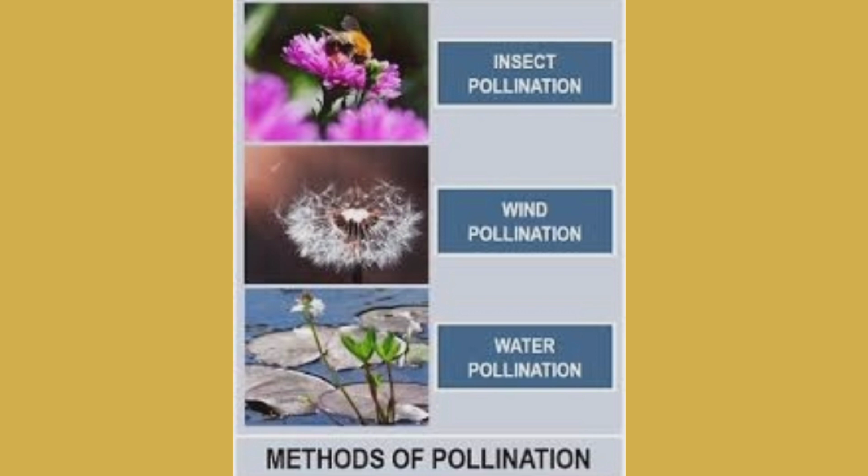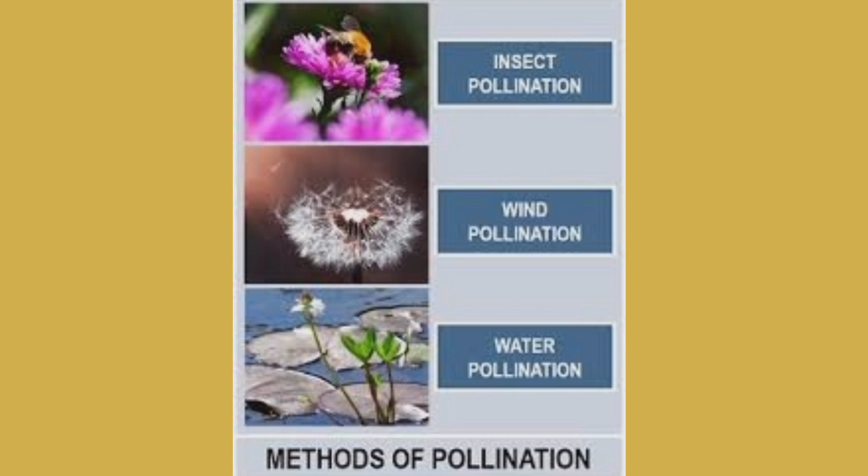Flowers which are large, brightly colored and produce nectar are pollinated by insects. Examples are dahlia and sunflower. Wind pollinated flowers are very small and hang out of their parent plant. These flowers are not brightly colored and do not produce nectar, but produce pollen grains in large numbers. Examples are maize and wheat.